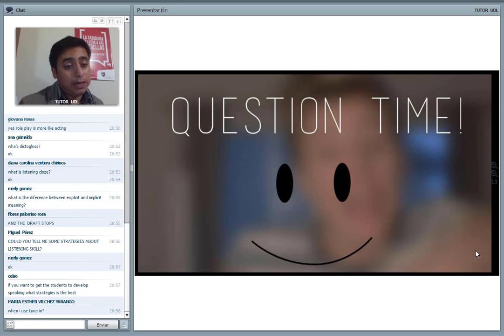Another strategy that you can use with your students is remember to use skimming and scanning. So you can make students read quickly the questions and the possible answers. In that case, that is skimming, okay? And they will have a general idea about the things that they will be able to listen to. All right, Miguel?